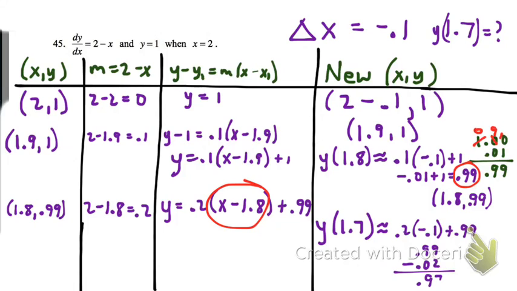So that's easier. And guys, 0.97 is your approximation for the value of the function when x is equal to 1.7. That right there is your answer.